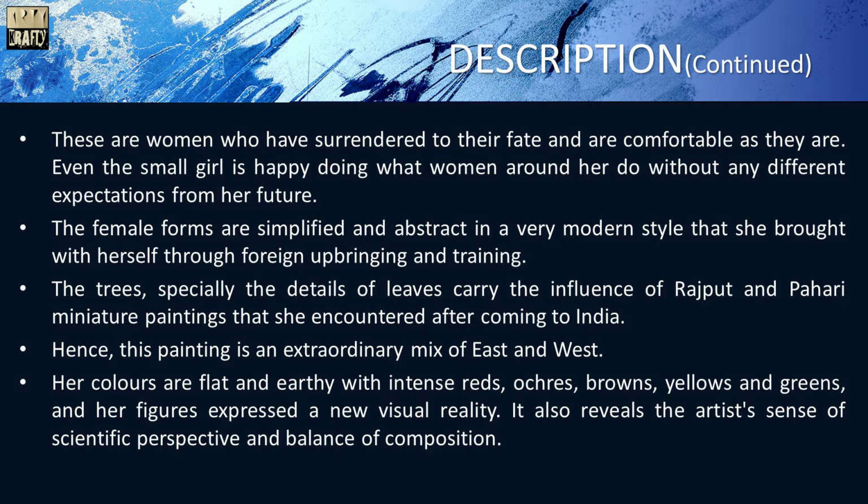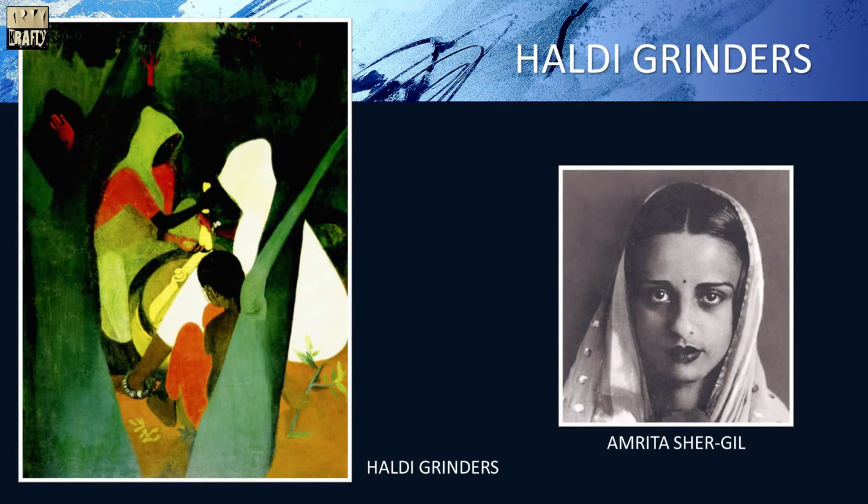Her colors are flat and earthy with intense reds, ochres, browns, yellows, and greens, and her figures expressed a new visual reality. It also reveals the artist's sense of scientific perspective and balance of composition. This is the painting Haldi Grinders.